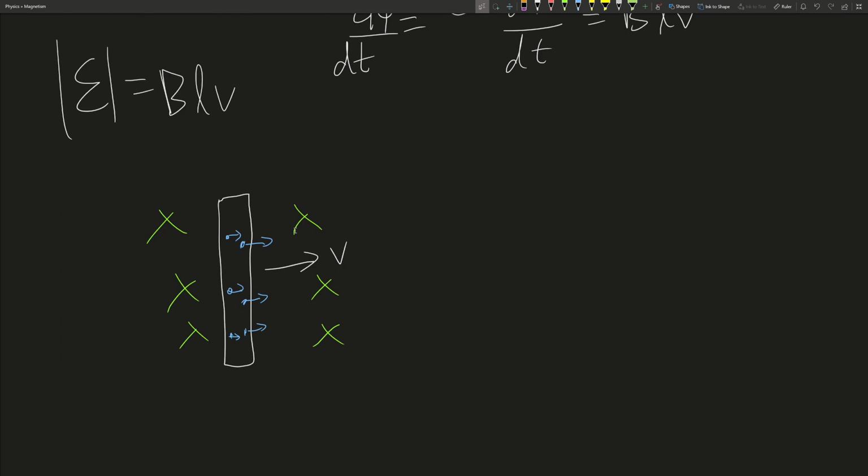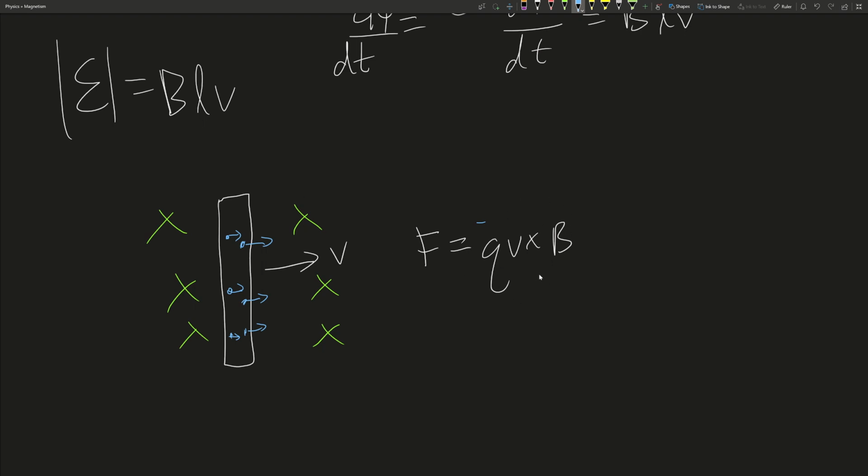We know that force is equal to Q V cross B. Since these are electrons, the Q here is negative, and then V is going to be in this direction. B is going to be into the page.